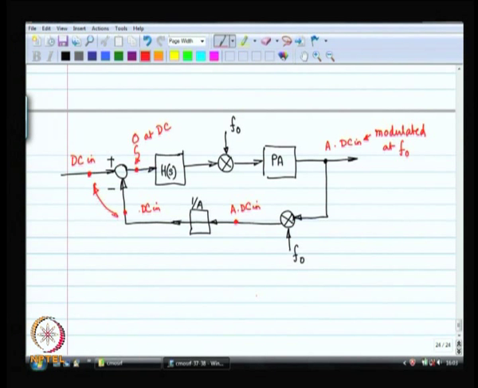Right, and that is forcing the output to be what you want. Now, this is also pretty nice. This kind of strategy is very nice.